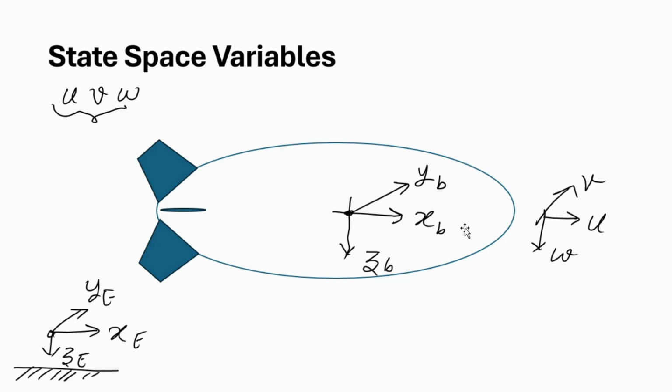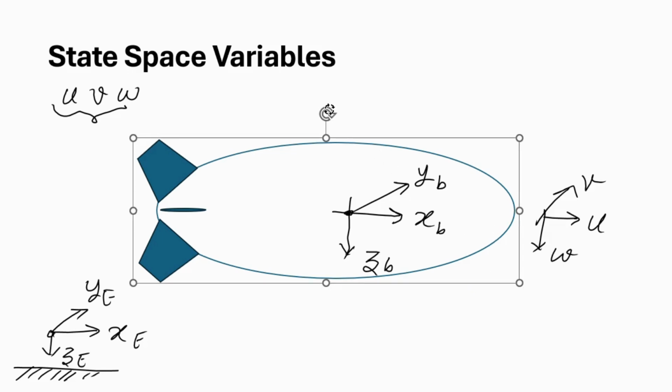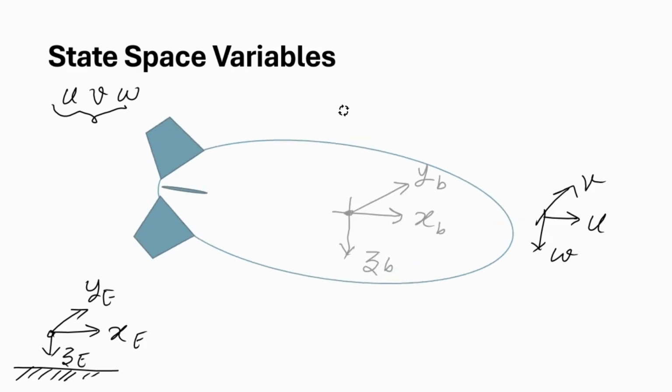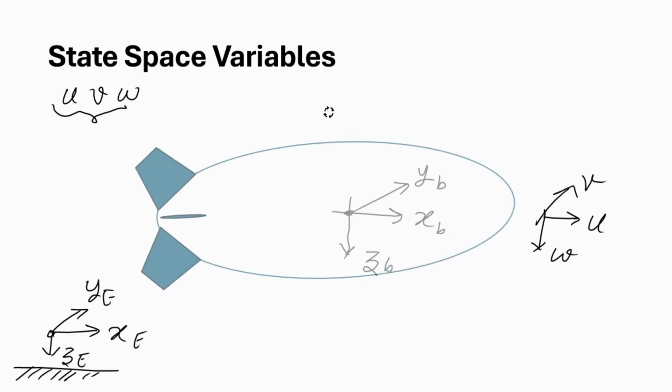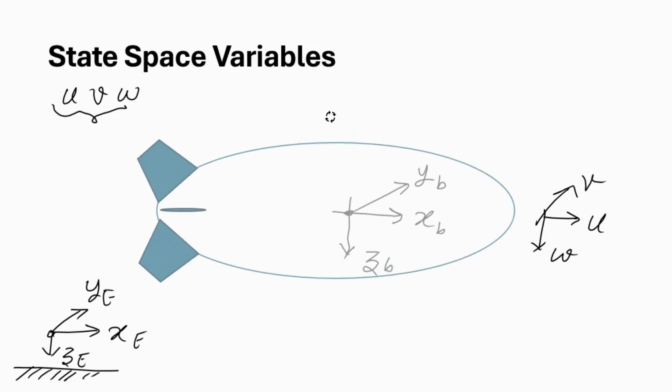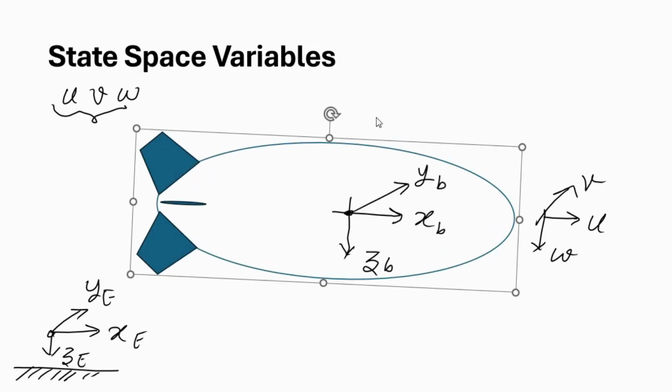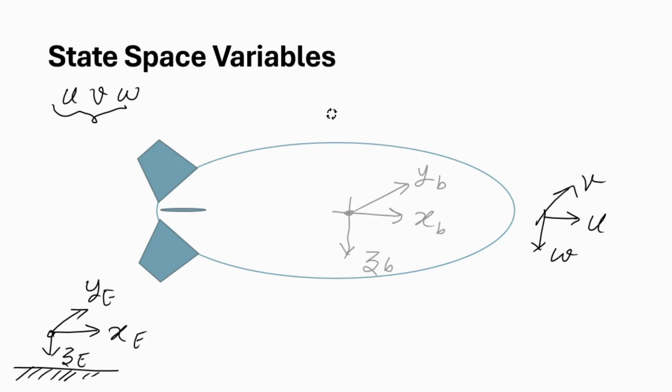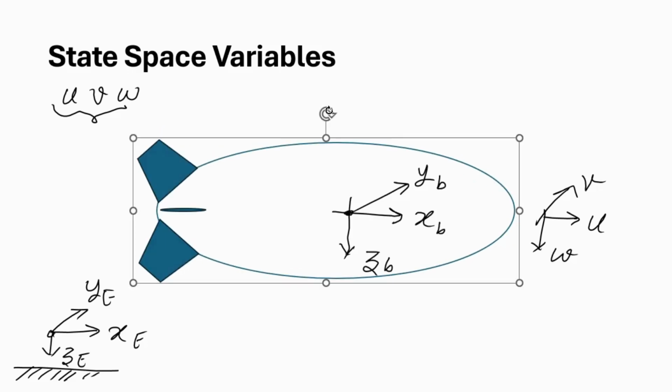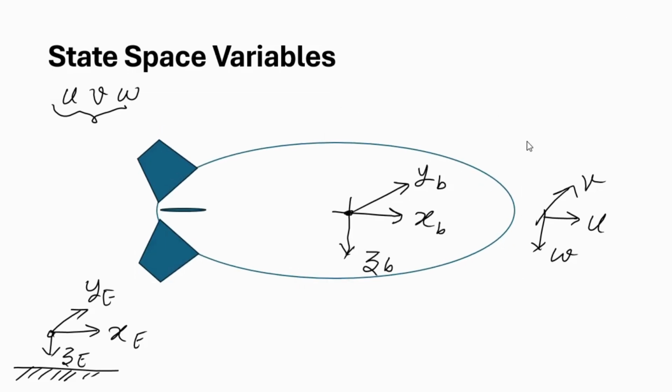Now your vehicle can also have angular orientation change, like this is one orientation angular change, as you can clearly see. If this is changing or this is changing, then it is changing with respect to the center of gravity, and how much it changes will be the angle, and that angle we need to define.